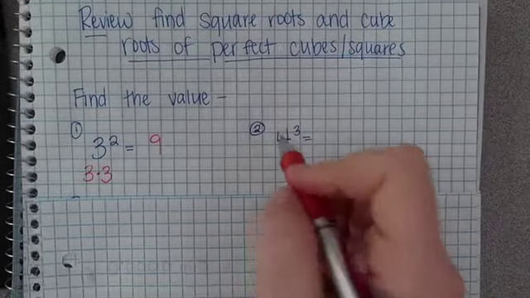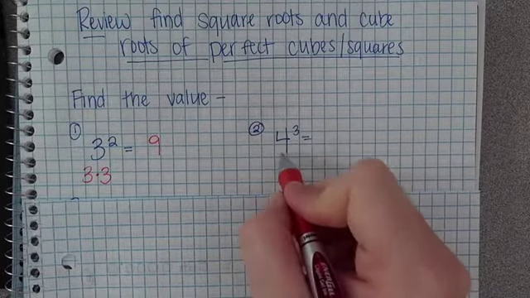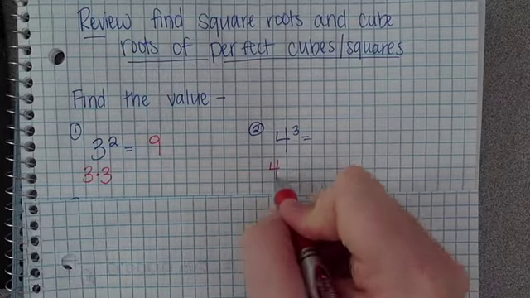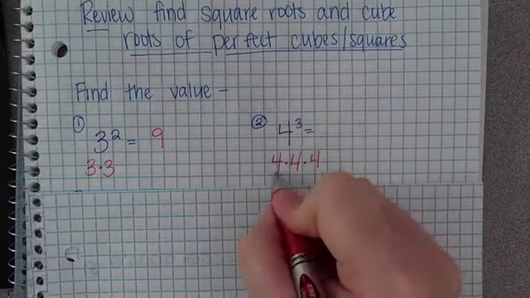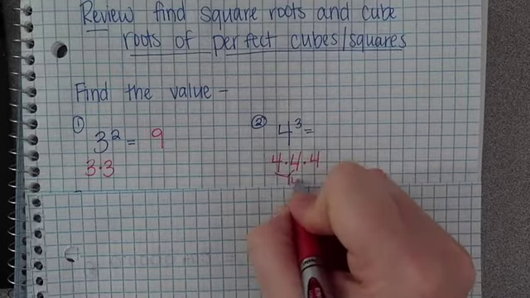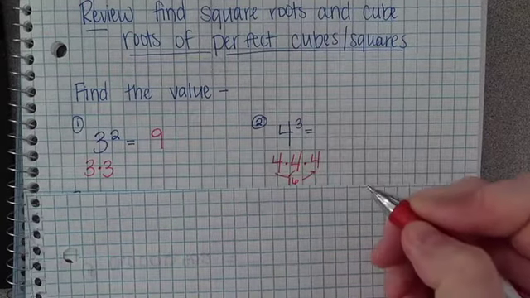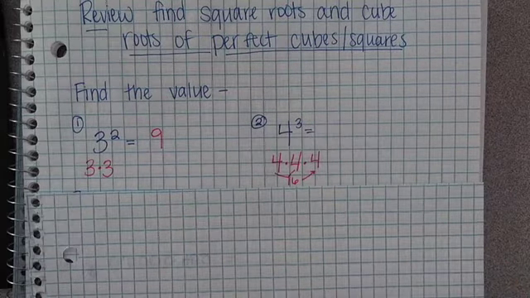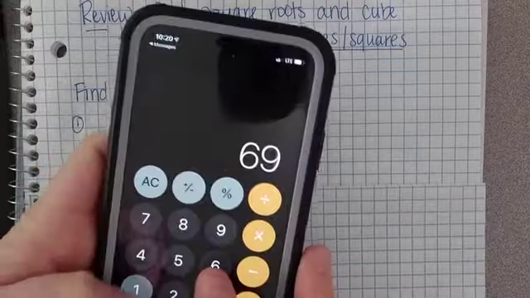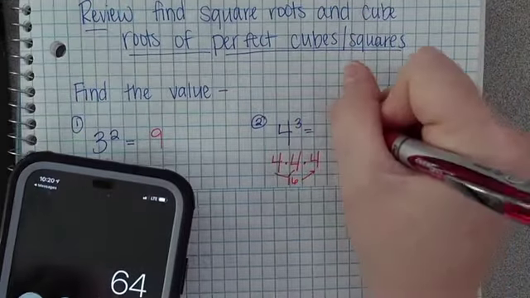Now, if you have a 3 as your exponent, that means you're going to multiply the base times itself 3 times. So it'd be 4 times 4 times 4. Well, 4 times 4 is 16. 16 times 4. Let me get my phone so that we can make sure. So 16 times 4 is 64.